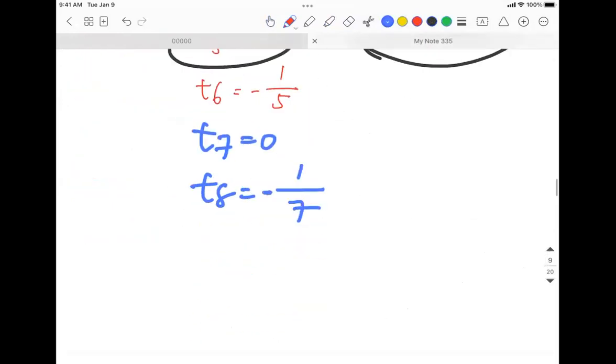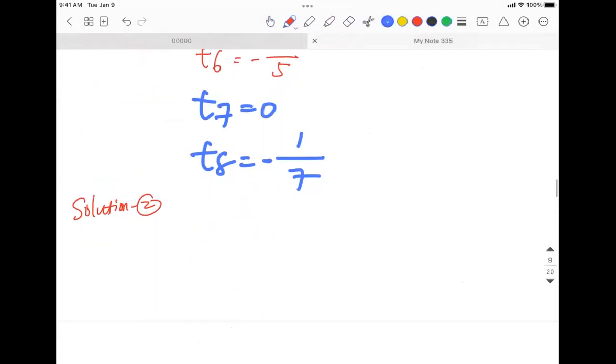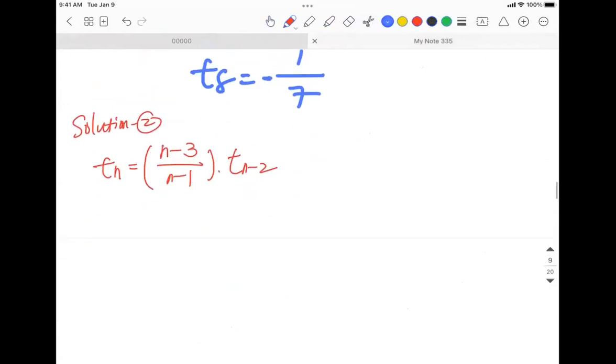So our solution number 2, let's say we already know Tn equals (n minus 3)(n minus 1) over Tn minus 2, right? If that's the case, the question asks you to determine T1998. You just plug in a value. T1998 will be what? 1995 times 1997 over T1996.